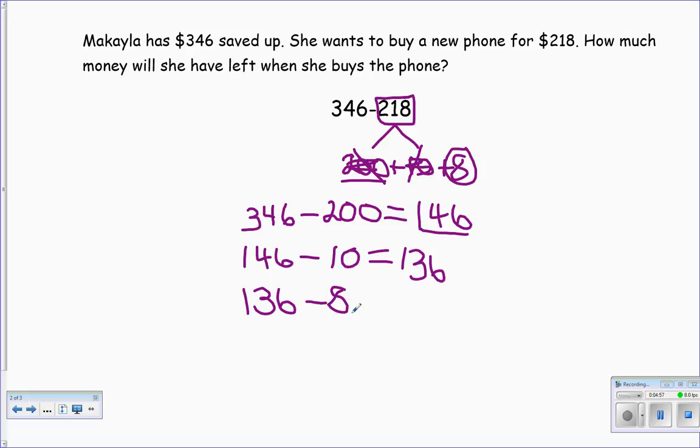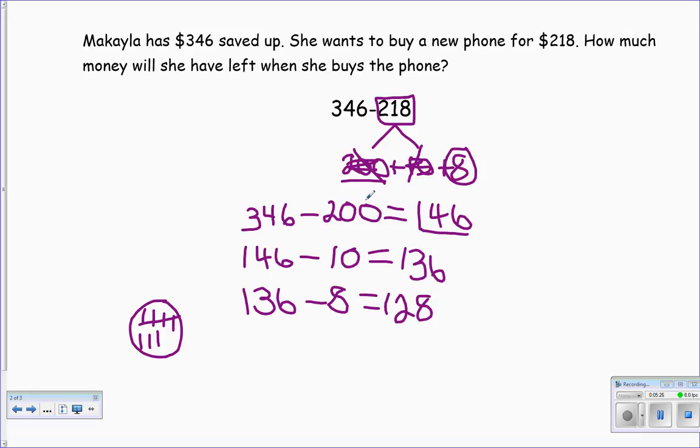Okay, 136 minus 8. I know I can start at 136 and I can count backwards 8. So 136 to 135, 134, 133, 132, 131, 130, 129, 128. So there's the 8 that I've subtracted, and that got me to 128.